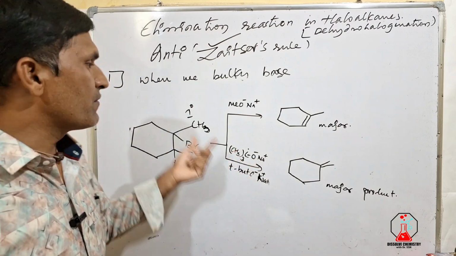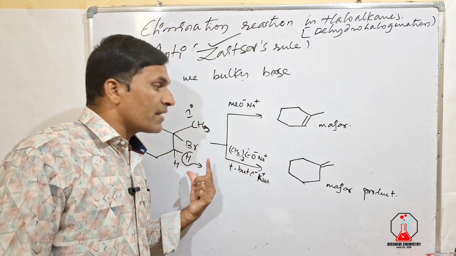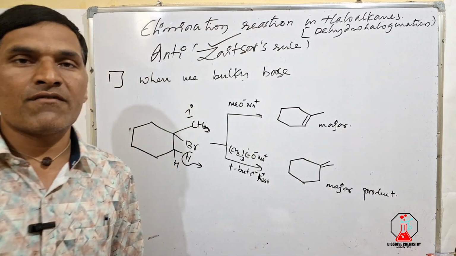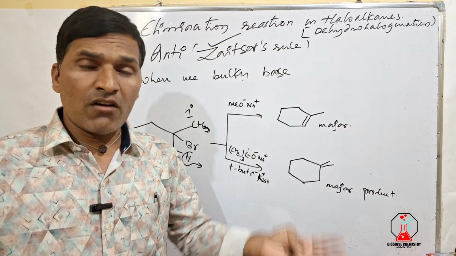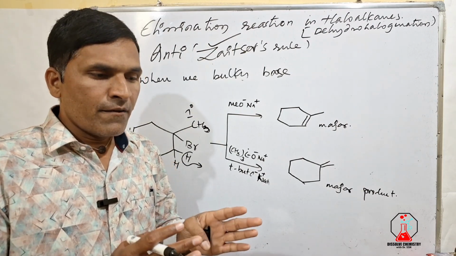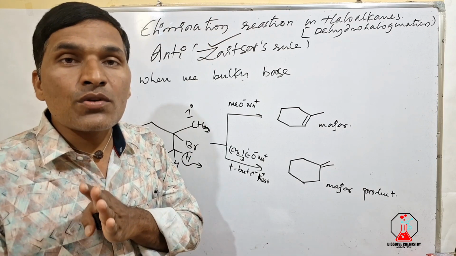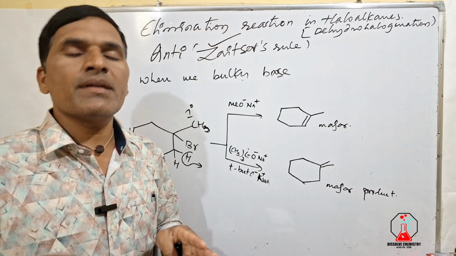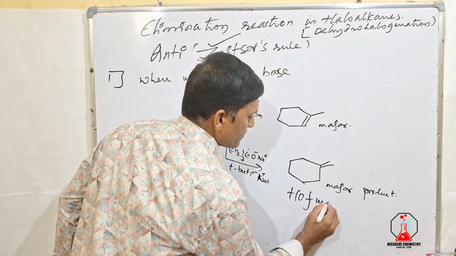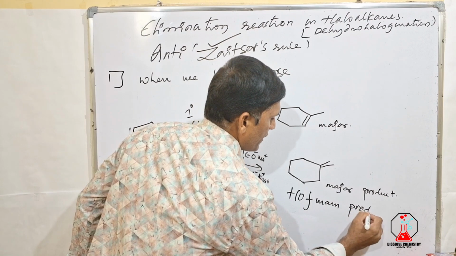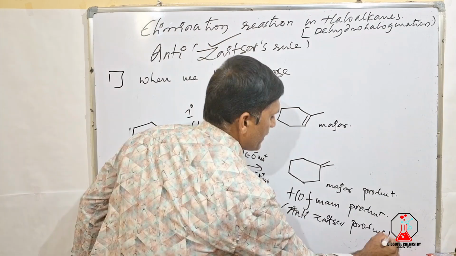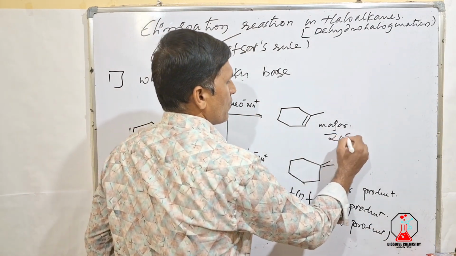Hence it is going to prefer this one, and here we get the major product, the anti-Zaitsev's product, also referred to as the Hofmann product. The rule is called the Hofmann rule when you are using a bulkier base, not a stronger base, a bulkier base. So this is called the Hofmann product, also referred to as anti-Zaitsev's product, and here it is Zaitsev's product.